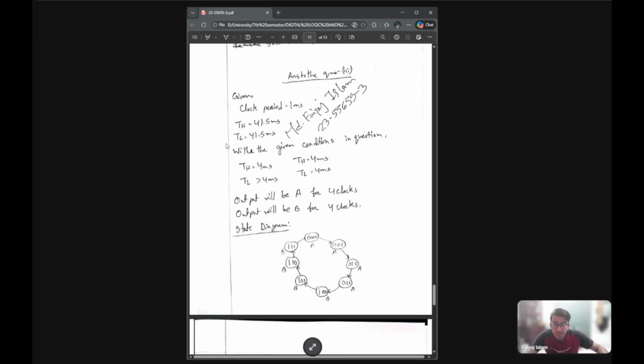The state diagram shown here illustrates the transitions between states to produce the output A for the high duration and B for the low duration, effectively creating the required pulse pattern.